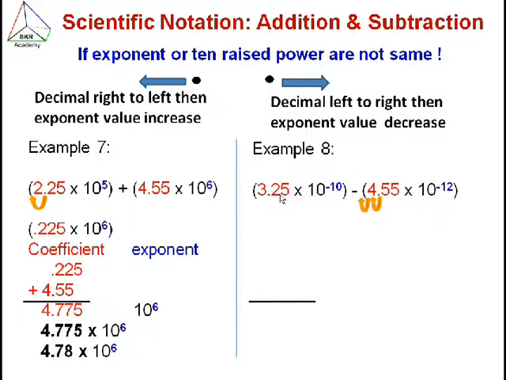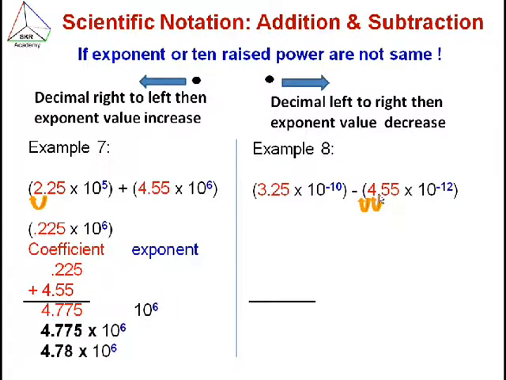Here again we first have to make the powers the same, then we will subtract. So we will move the decimal in the 4.55 times 10 to the power minus 12 value 2 places, left to right side.